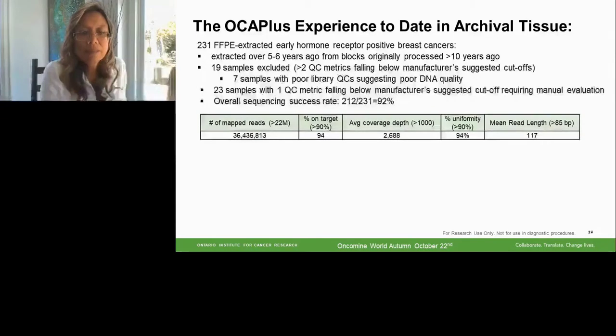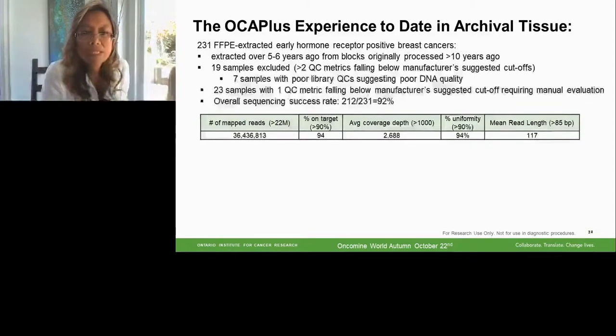From this sample set, 19 samples have been excluded from further analysis. We followed the general QC metrics, and those cases with more than 2 QC metrics failing or falling below the manufacturer's suggested cutoffs were excluded. We also excluded some samples due to poor library QCs, suggesting that we just had poor quality DNA.